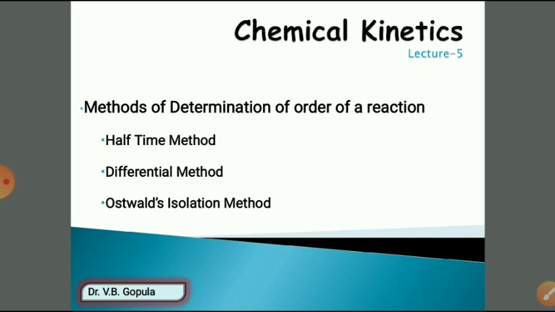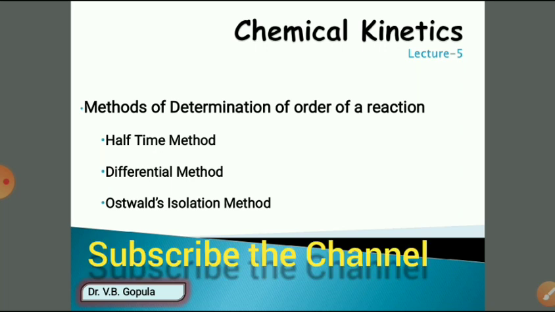Friends, today's lecture will be the last one based on the theoretical part of chemical kinetics in this series. In this video, we are going to continue the methods of determination of order of reaction. We have already seen two methods in the last video, that is the graphical method and the integration method.